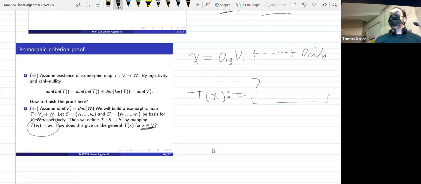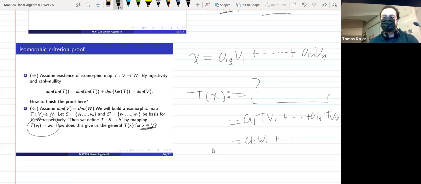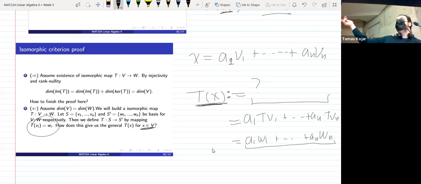And then we define T(x) to be a1 T(v1) plus ... plus an T(vn), which is a1 w1 plus ... plus an wn. So that's our definition for T at other points. You just define it as the linear combination of the w's. Is that okay? All right, good. So that's our map.